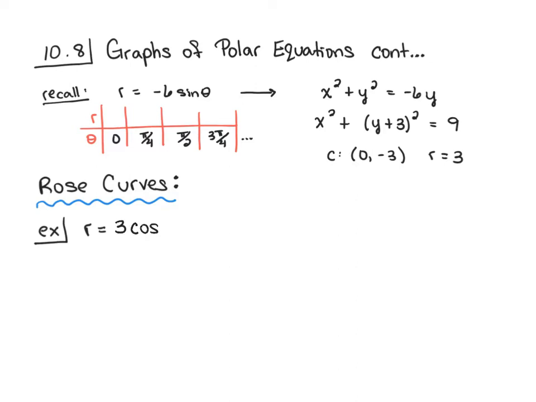Actually, you know what? Let's do 4. r equals 4 times the cosine of 3 theta. We're going to plot it onto a polar graph.